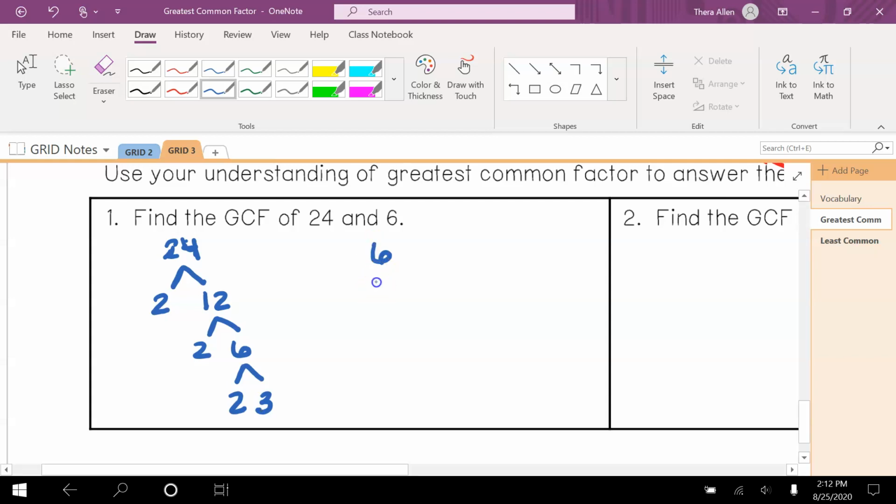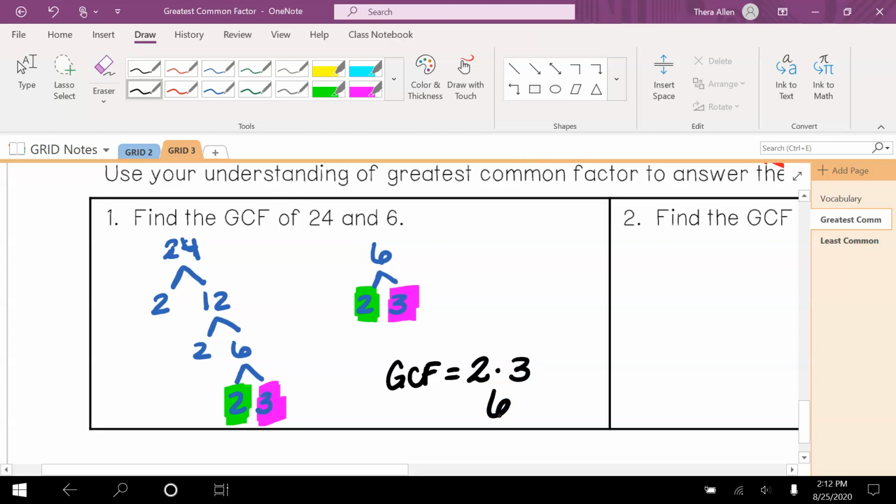And the only way I can factor that one is 2 times 3. Now what I like to do is just go with a highlighter and I say, okay, there's a 2 here. Oh, here's a 2 here. And then there's a 3 here, and here's a 3. But there's no other numbers. So for my greatest common factor, I say 2 times 3, which gives me 6.